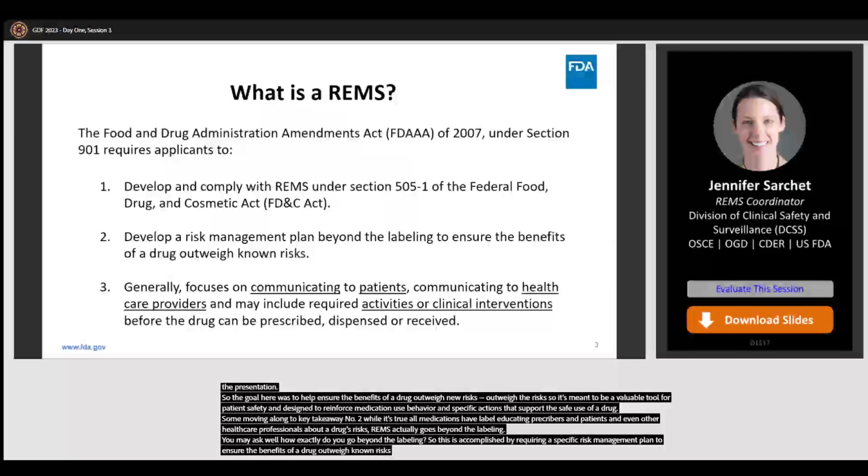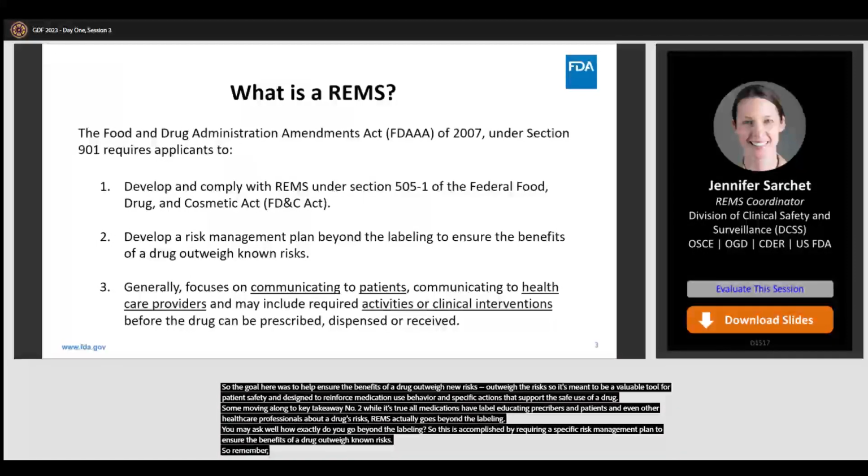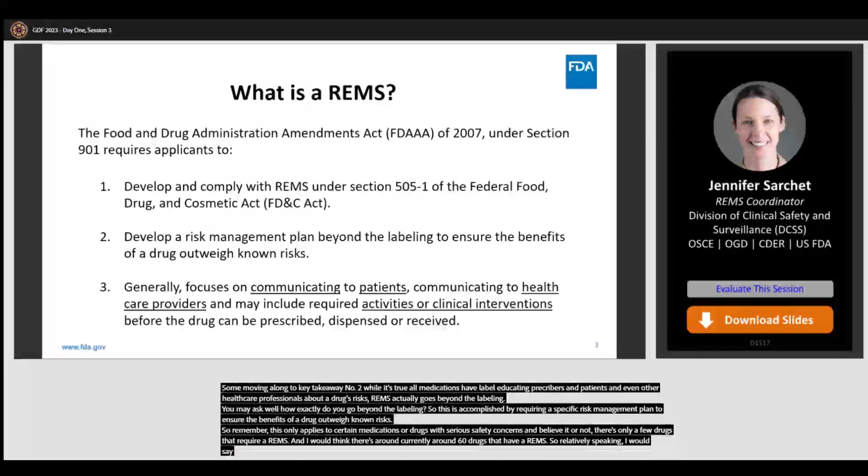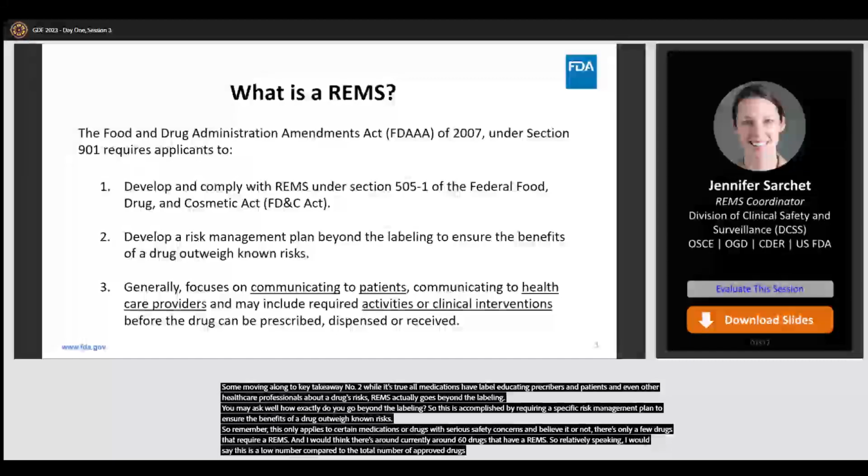Remember, this only applies to certain medications or drugs with serious safety concerns. Believe it or not, there are only a few drugs that require a REMS, I would think around 60 currently. Relatively speaking, this is a low number compared to the total number of approved drugs currently available in the United States.